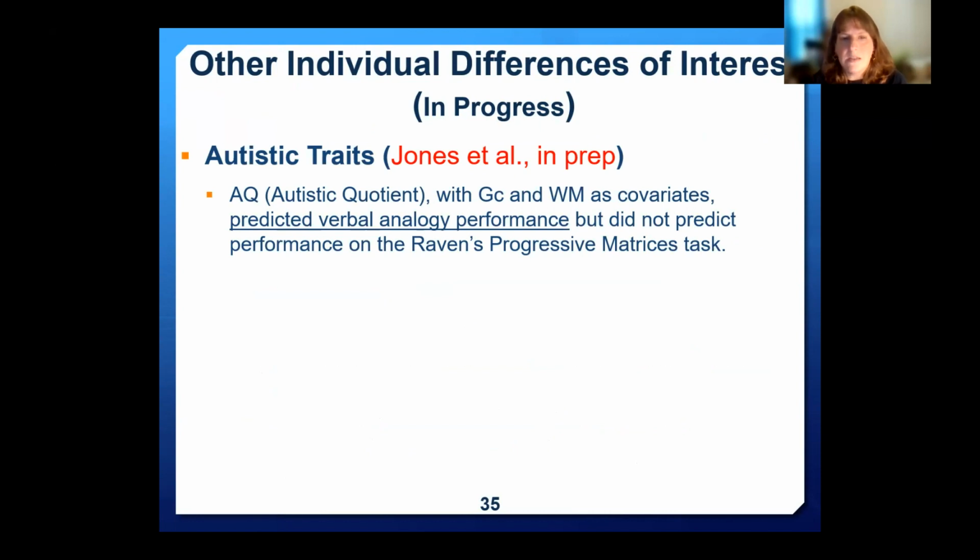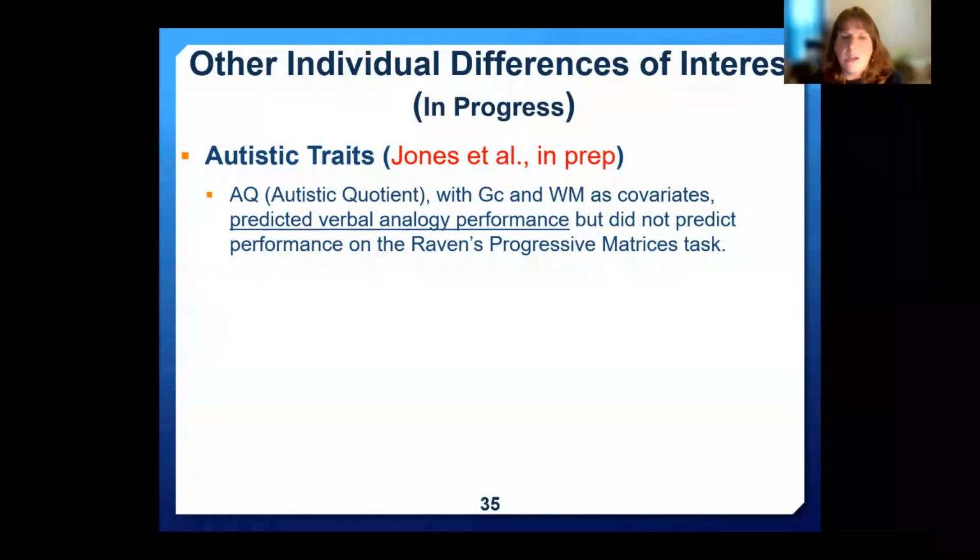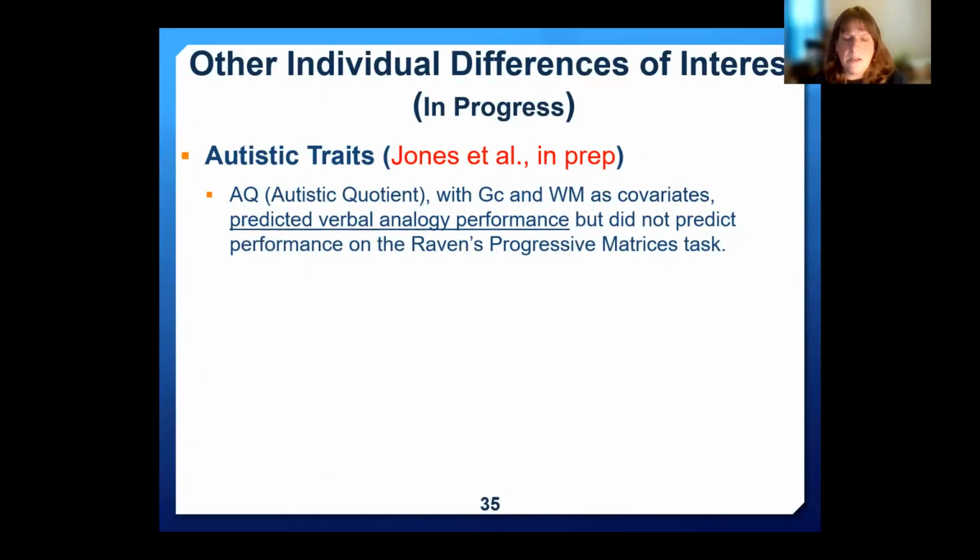We found that autistic quotient predicted verbal analogy performance, but did not predict performance on the Raven's progressive matrices task, which fits in with the other literature showing that participants with autism do just fine, and in some cases even better, on the Raven's progressive matrices task. So that's consistent with the literature.